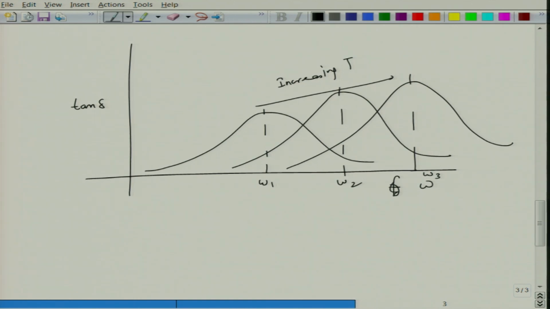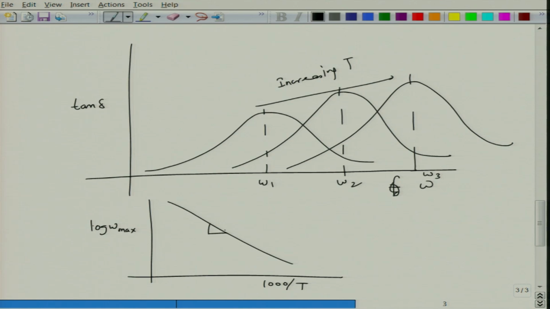So, you can also plot the maxima at which tan delta occurs. Let us say you plot log omega max as a function of 1 over T. This has an Arrhenius kind of behavior. One can determine the activation energy from these plots.